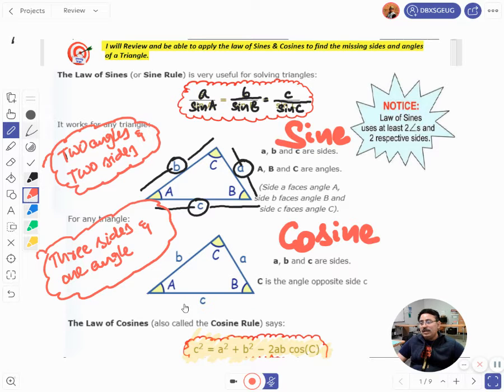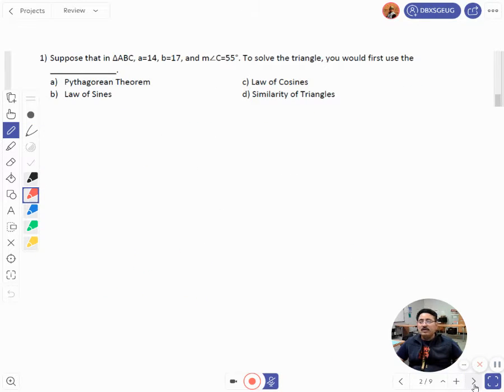So quickly, let's jump to the first question of the day. Suppose that in triangle ABC, let me draw a triangle. You know, I'm a visual learner, so let me draw a triangle first.